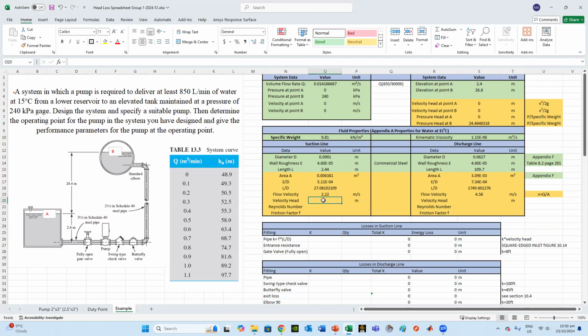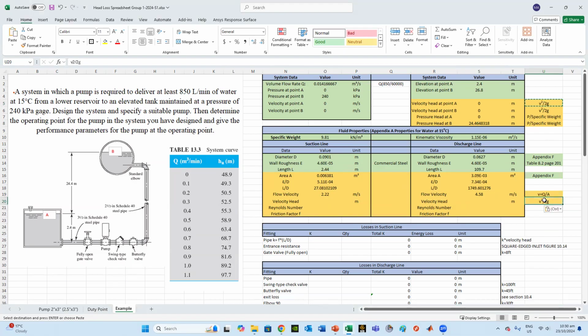Velocity head, as we mentioned earlier, I will copy this one. This is the velocity head before and after entering the pump. Now you say, that was velocity head at point A, velocity head at point B. But now inside the suction line, there is a velocity head and also a velocity head at the discharge line.